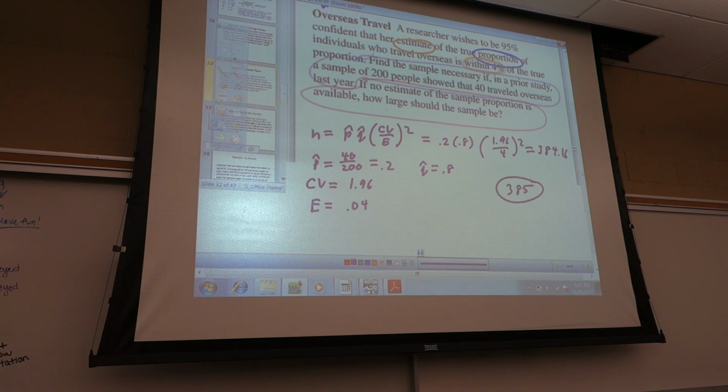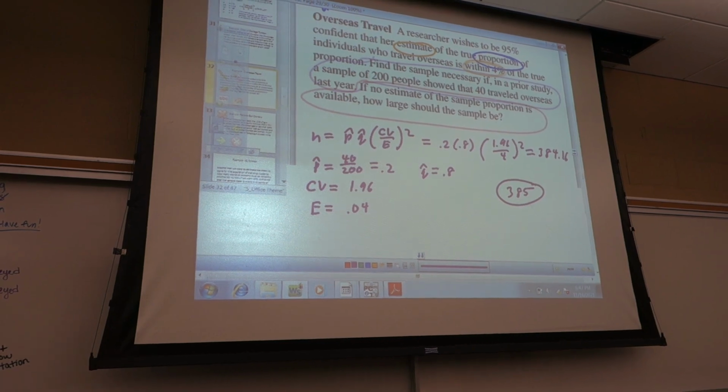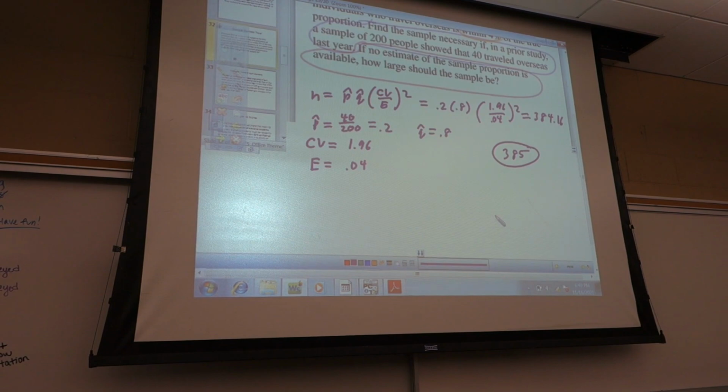Now, do the bottom part, the red part. So the red one, my n is equal to 0.5 times 0.5 times 1.96 over 0.04 squared.